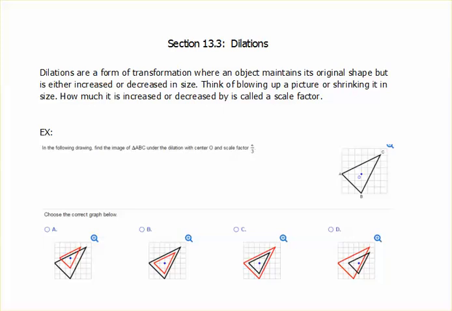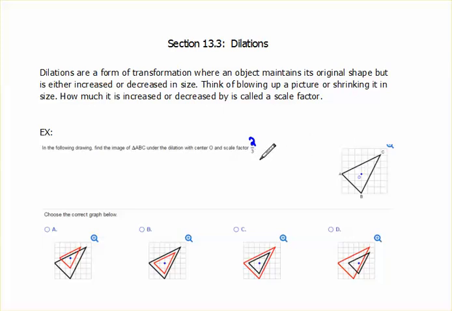It says, in the following drawing, find the image of triangle ABC under the dilation with center O and scale factor of 2/3. So we have this triangle here, ABC, and it's centered here at O. So there's its center. So we're going to dilate this thing by a factor of 2/3. Okay, so to start with, is that going to increase its size or decrease its size?